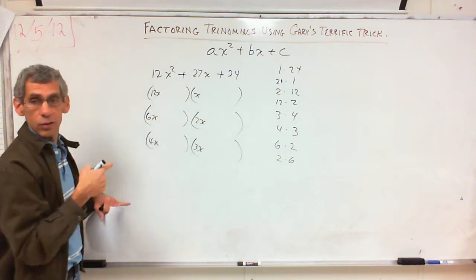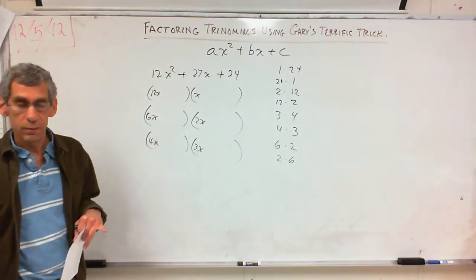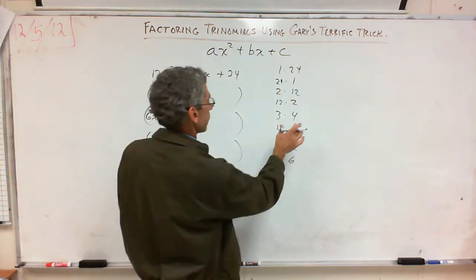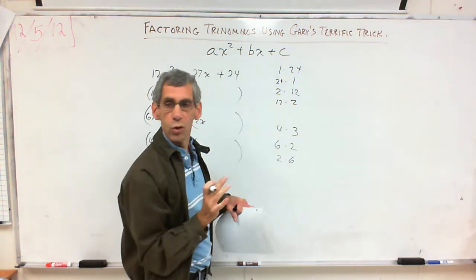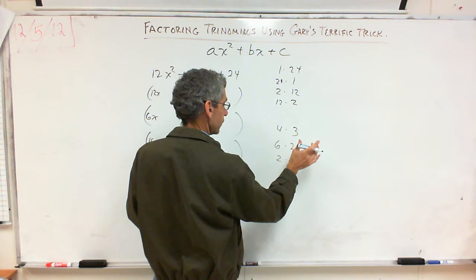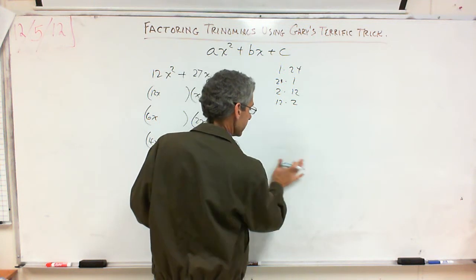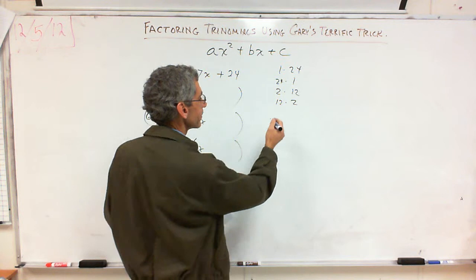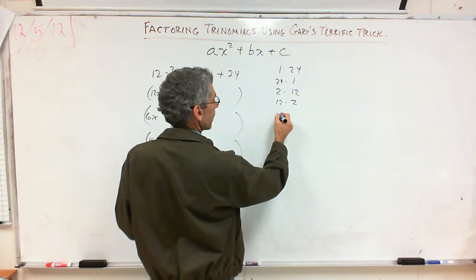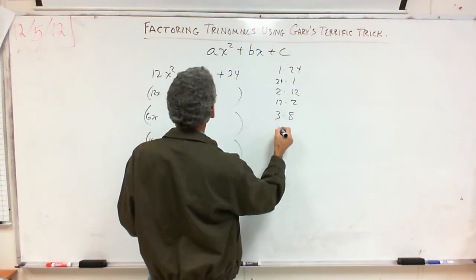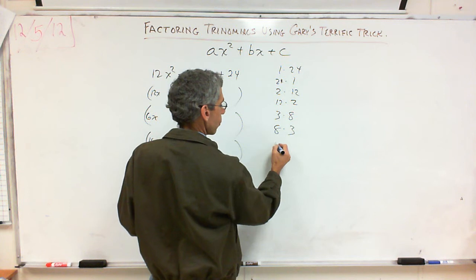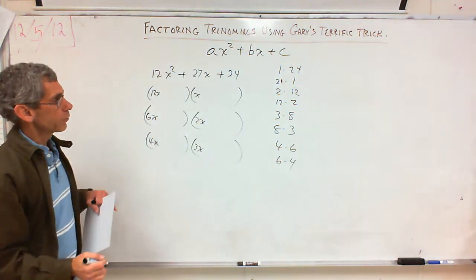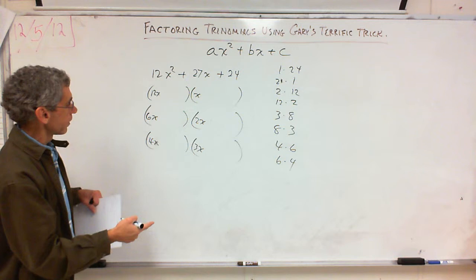That would all give me 12x squared. And for the 24, 3 times 8, and 8 times 3, or 4 times 6, and 6 times 4, right? But I still have 8 possibilities there. Sorry, I started doing 12, didn't I? Lovely. I love it when I do this on a video.